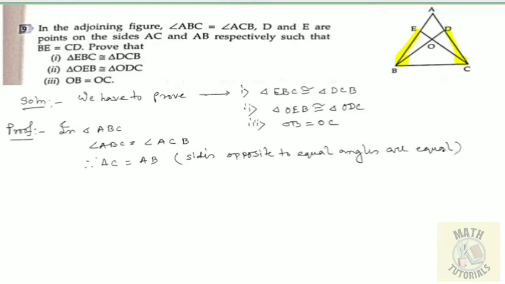This is a theorem we use here. So we prove AC is equal to AB.